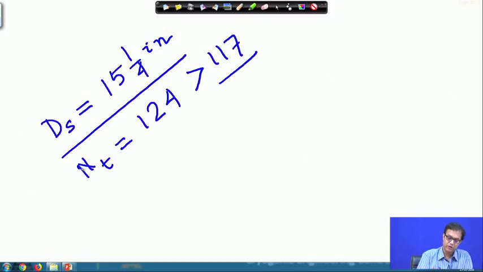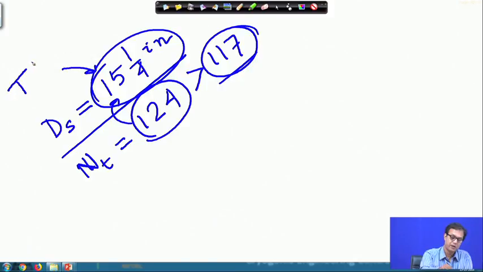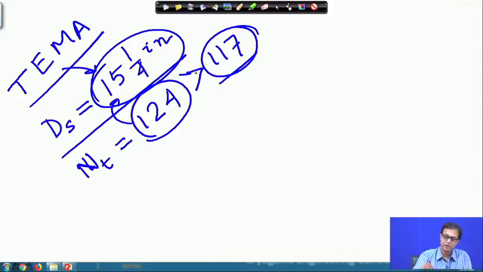Corresponding to this one, we find that this is the nearest possible one where we can accommodate that number of tubes. This has already been standardized by the TEMA standard. So, according to that, we find that a 15 1/4 inch diameter shell will be able to accommodate 124 tubes in 1 inch square pitch.